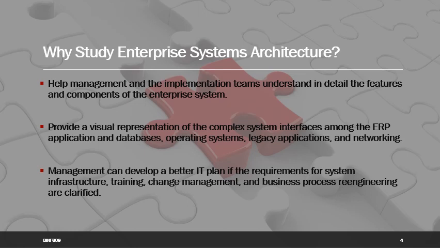Finally, understanding the enterprise system provides a well-defined vision for the management about the system infrastructure requirements, training requirements, change management requirements, and business process re-engineering requirements to develop an enhanced IT plan.